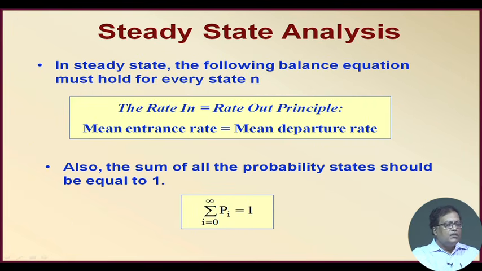All of these put together, this is the steady state analysis. In the steady state analysis, the following balance equation must hold for every state n: the rate in equals the rate out, that is, the mean entrance rate equals the mean departure rate, and also the sum of all state probabilities should be equal to 1, that is, the sum of pi i for i equal to 0 to infinity equals 1.